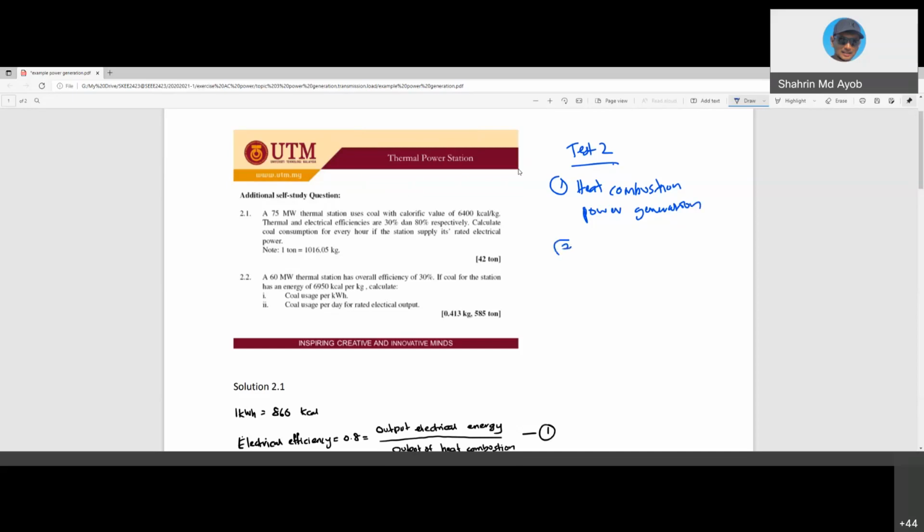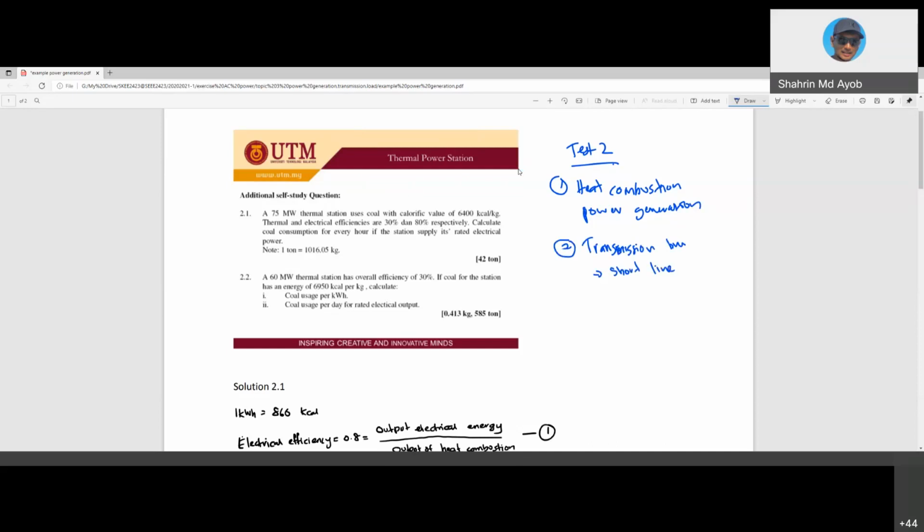And the second question is transmission line, because this transmission line will be covered next week. Transmission line, which is a short line.